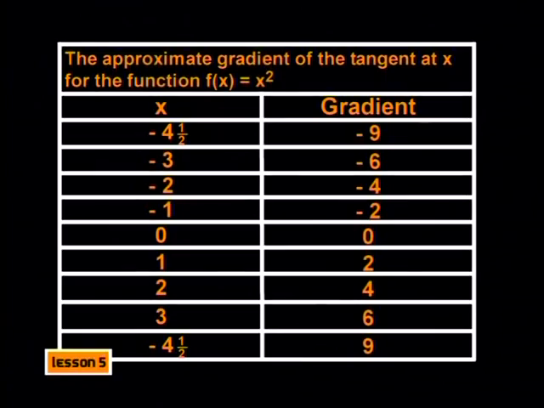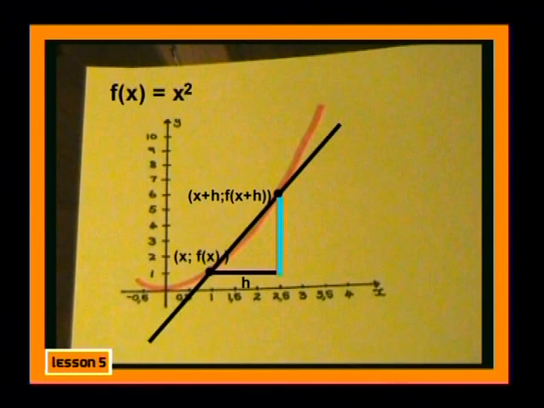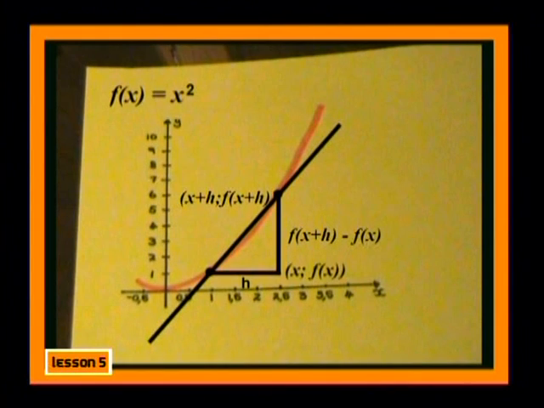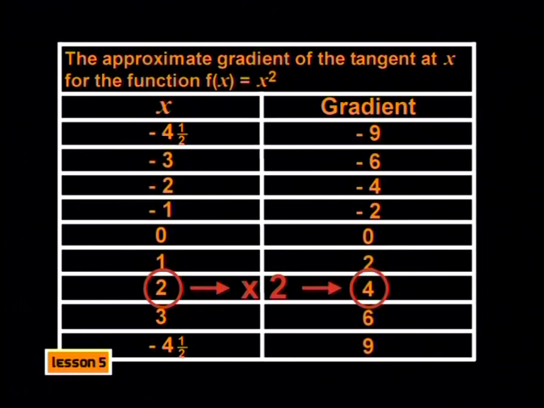I think that you have enough to think about for one lesson. Let's quickly go over what we have done today. After a good deal of investigation, some manually and some with a computer spreadsheet, we found by taking points closer and closer to a point on the graphs of two curves, f of x equals x squared and f of x equals x cubed, that we could predict the gradient of the tangent at any point on the curve.